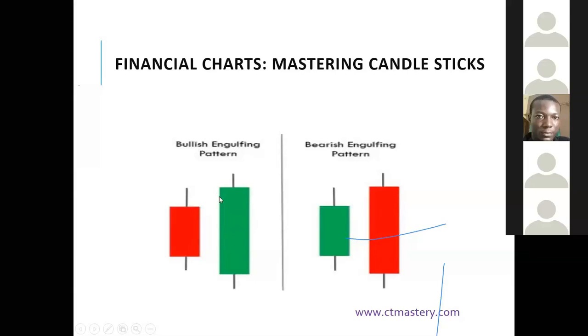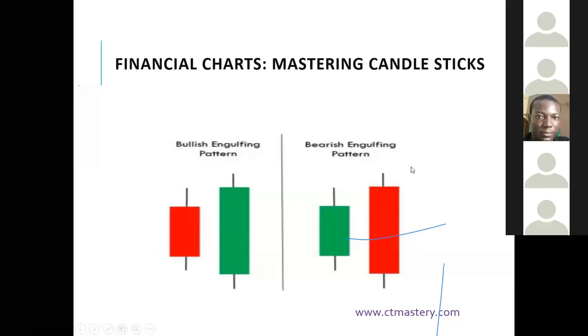Let me repeat. For both bullish and bearish, the candle at the right is engulfing the candle at the left. When the candle at the right is green, we say it is bullish engulfing.